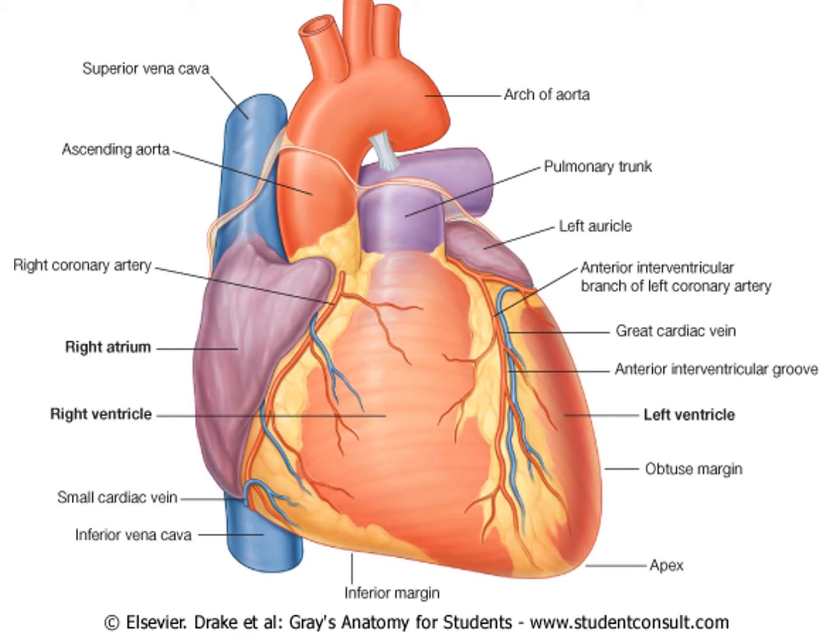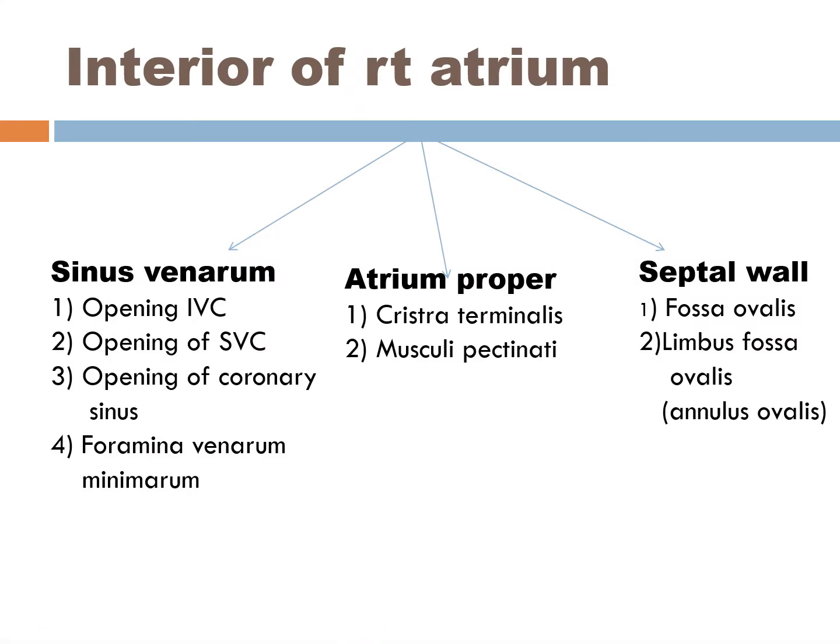Now the interior of this right atrium. You see the interior of this right atrium has a three-part division: sinus venarum, then atrium proper, then septal wall.